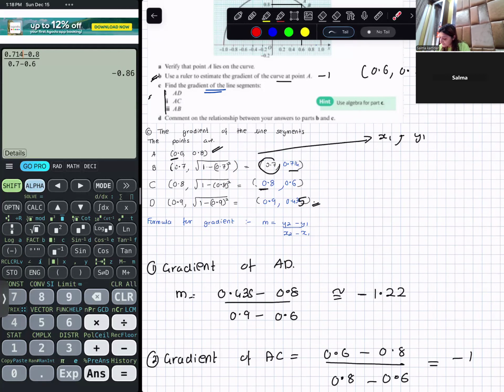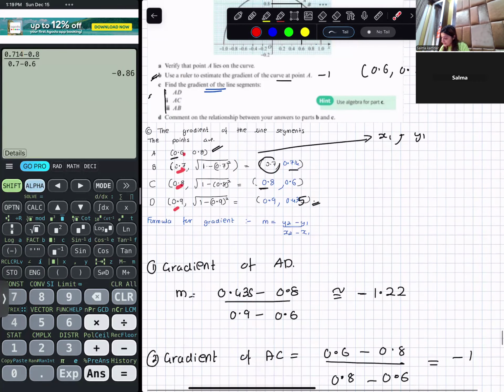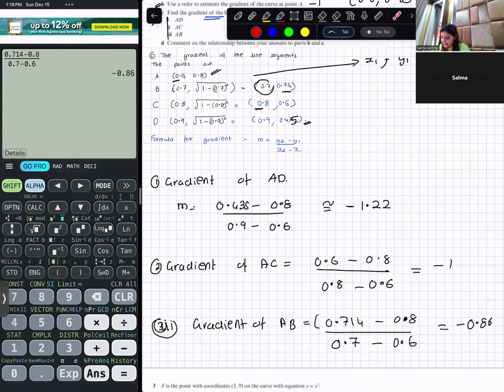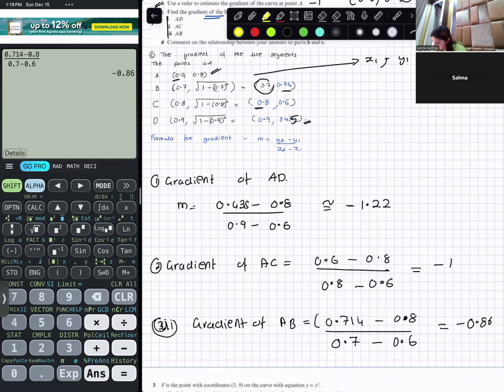You see, the x coordinates are 0.6, AB 0.7, 0.8, 0.9. So as points B, C and D go further and further away from A, if you see over here, they're going away from A at 0.6, 0.8.